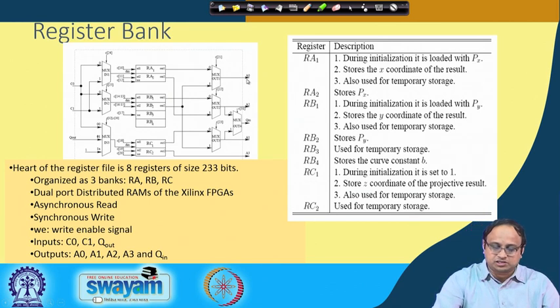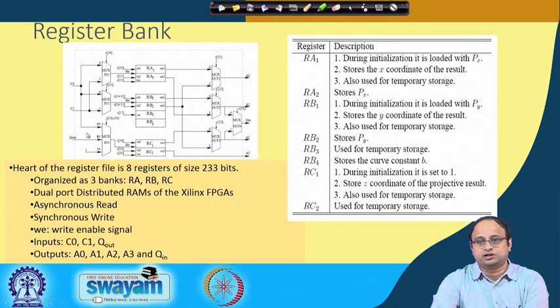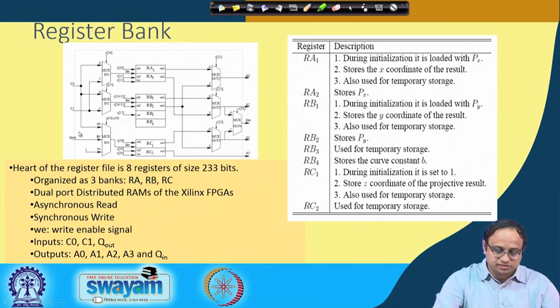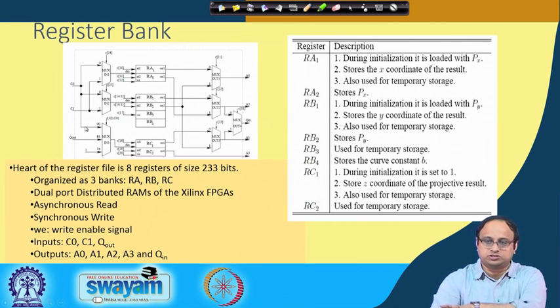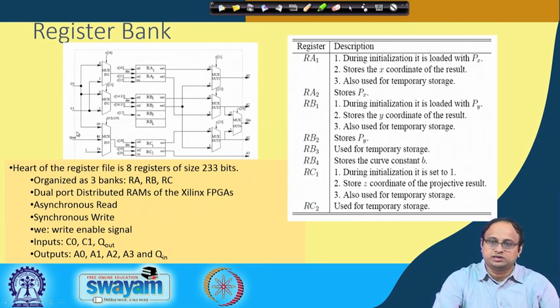This data passes from the register bank and goes to the arithmetic logic unit, or the ALU. And there are some inputs like C0, C1 and Q out. These inputs are the outputs of the arithmetic logic unit. They are taken from the arithmetic logic unit and fed back into my register file.